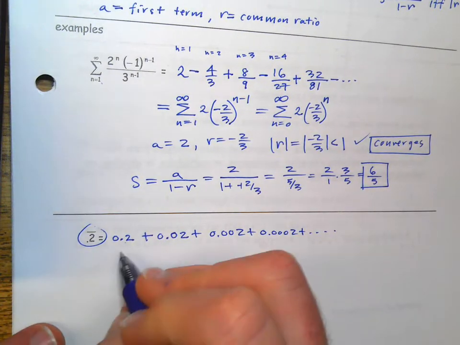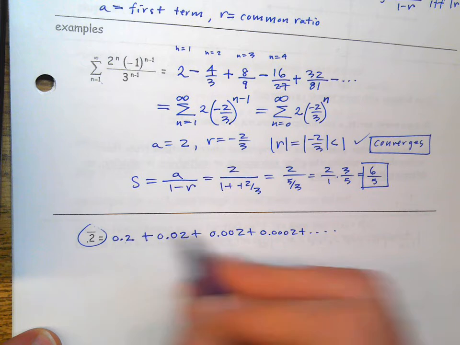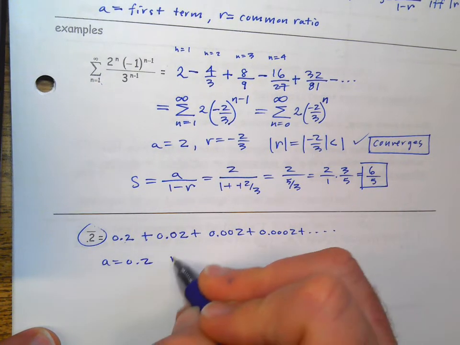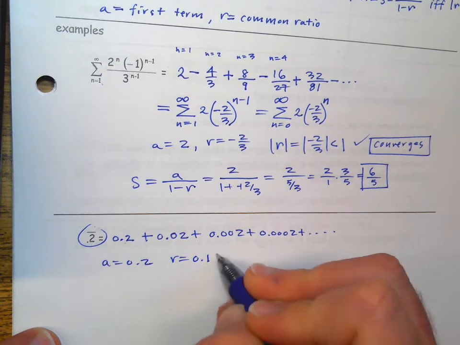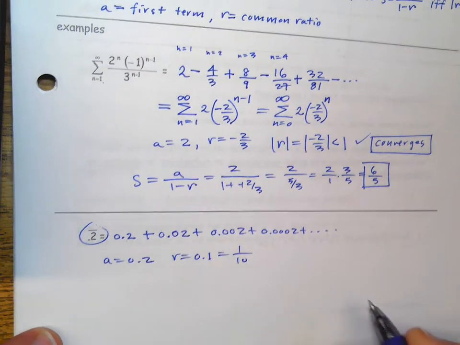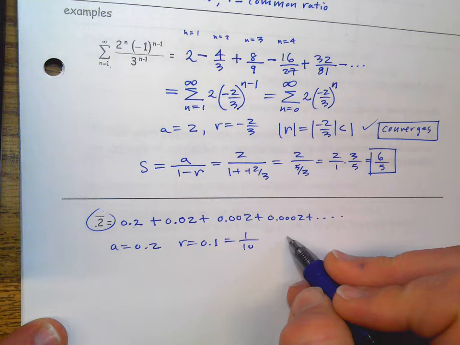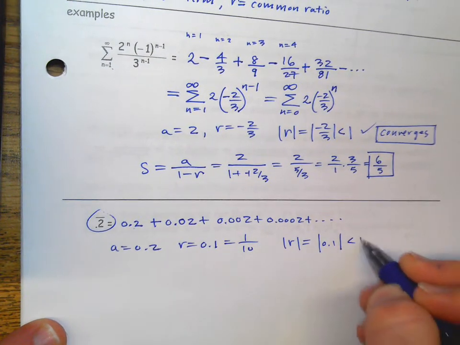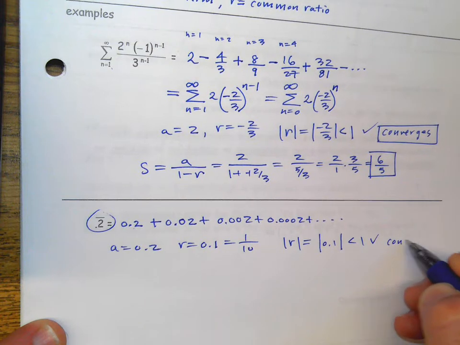So if you write it like that, you say, oh, this is a series. a value is 0.2, r value is 0.1, or you could write it as a fraction 1/10. So is the absolute value of r less than 1? Yep. So we know it converges.